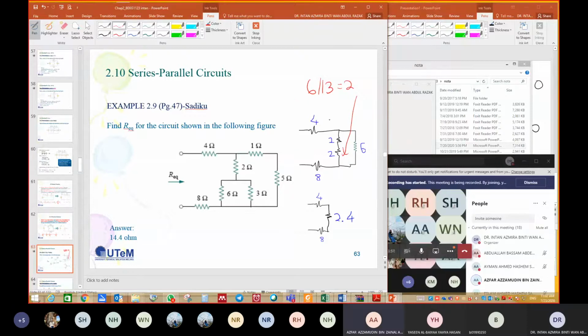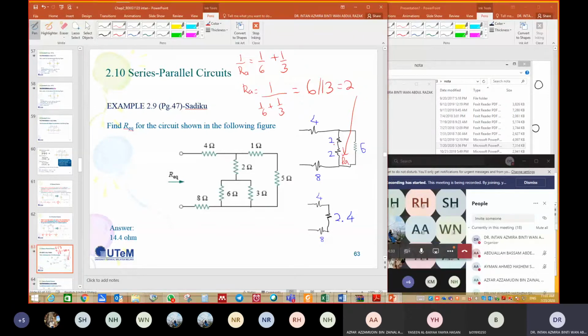Okay, so no need to teach you. 1 over RA is equal to 1 over 6 plus 1 over 3. So RA is equal to 2. Okay, so this one is considered as RA.